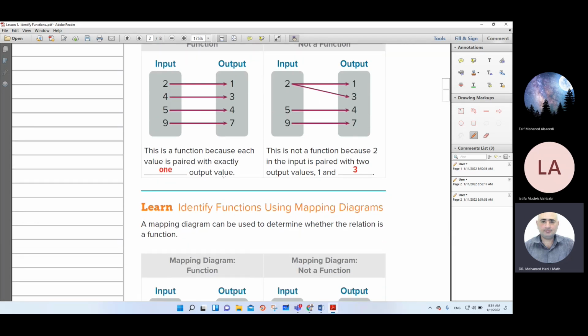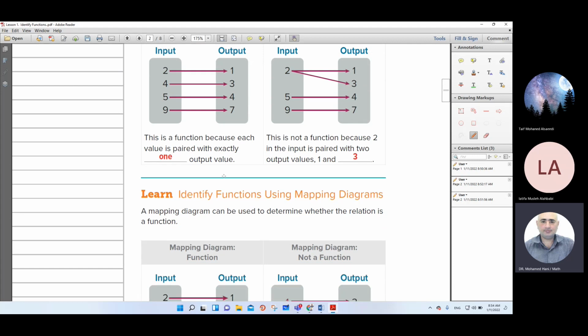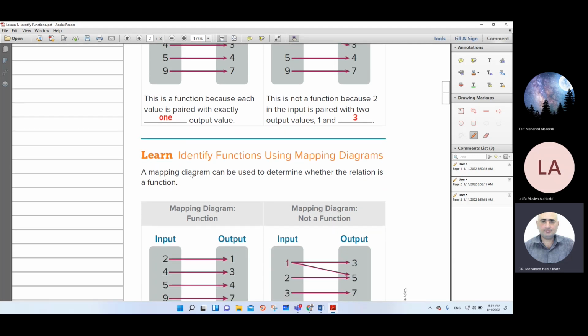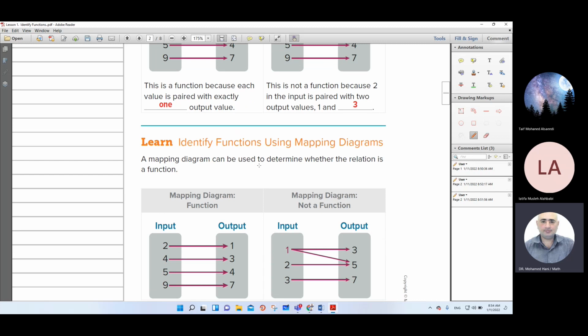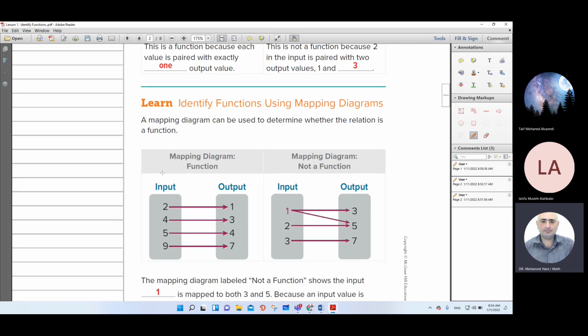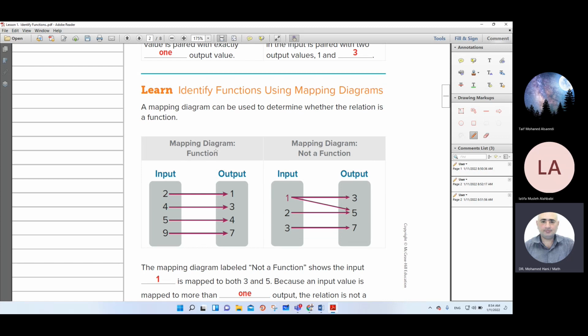Identify functions using mapping diagrams. A mapping diagram can be used to determine whether a relation is a function. As you see here, this mapping diagram is a function and this mapping diagram is not a function. Here it is a function because each element from the input has a relation with one element in the output.